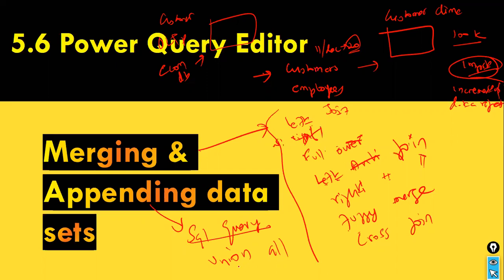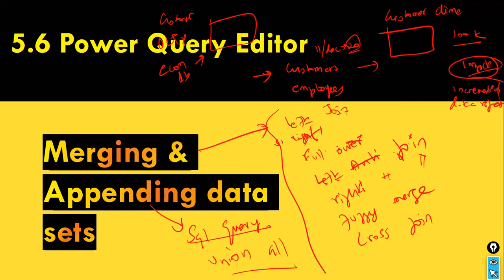Union removes the duplicate records, but it combines the data from two or more data sets into a single thing. Whereas union all combines all the data set values, but it will keep the duplicate values. In the case of a SQL query, if you want to do the same appending, you need to use union all.